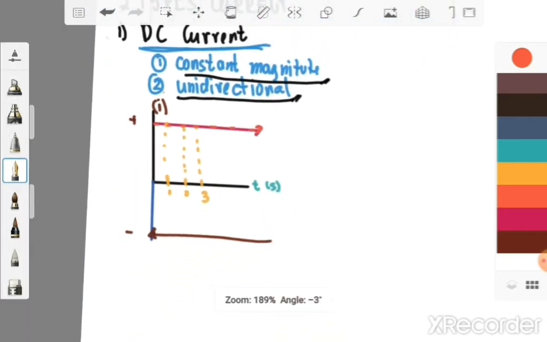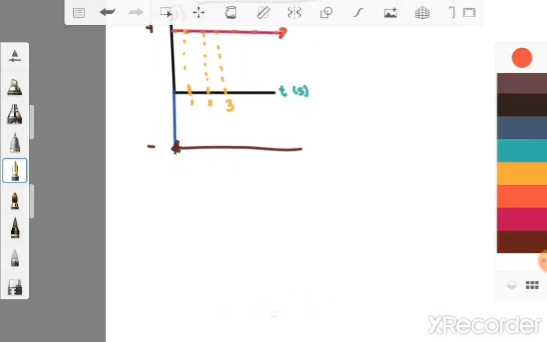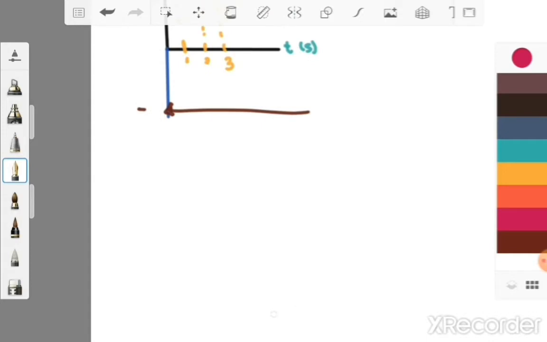Okay. Next is your AC current. Your AC current is particularly the flow of charge that changes direction periodically.